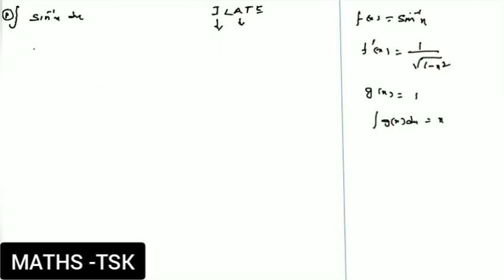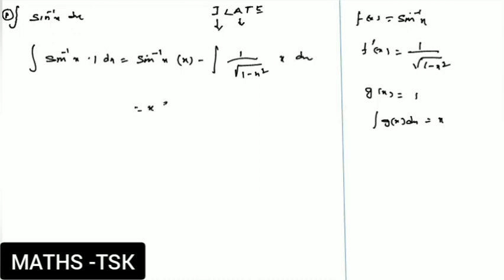So now I apply the formula for sine inverse of x into 1 into dx. Directly I write the value, since you know the formula, f of x integration of g of x minus integration of 1 by root of 1 minus x square into x into dx.